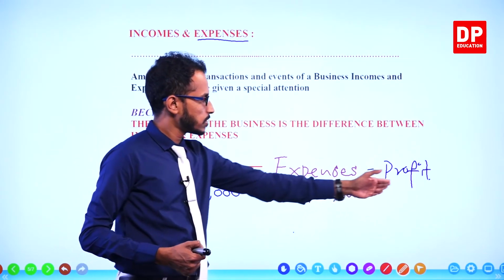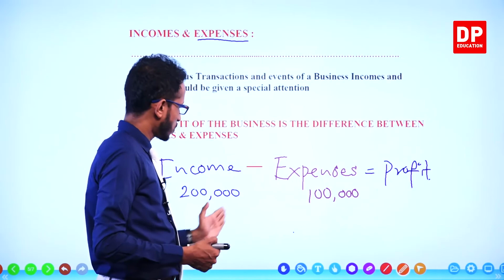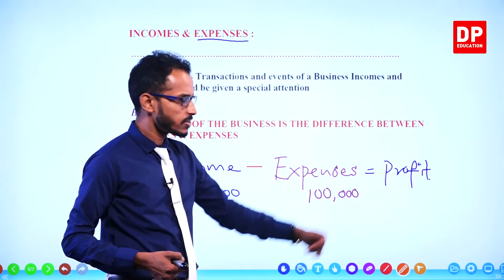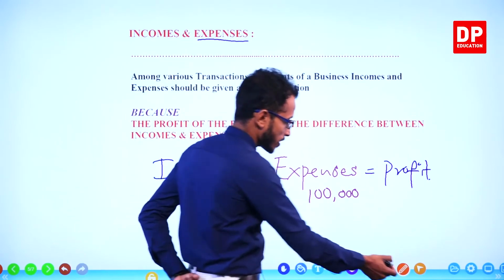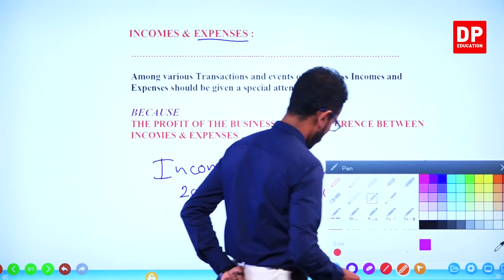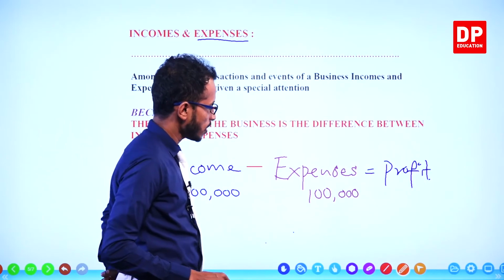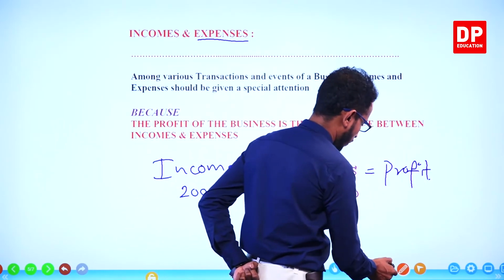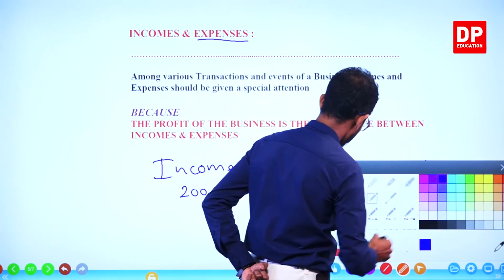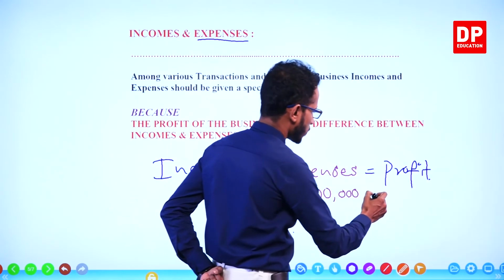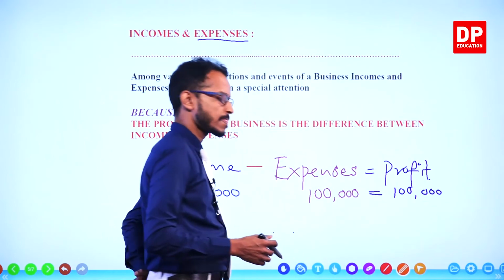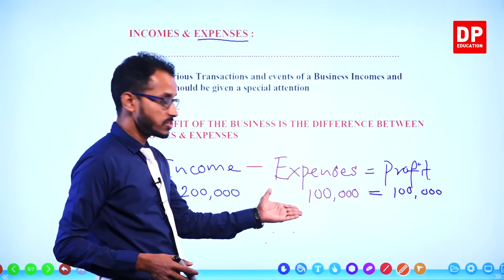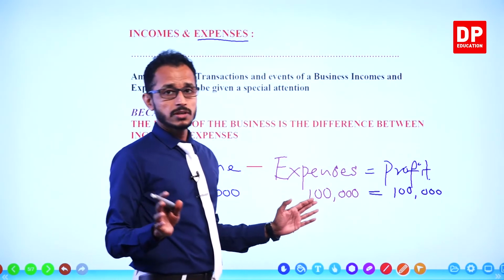200,000 minus 100,000. Profit is 100,000. But if there are more expenses, that's not good.